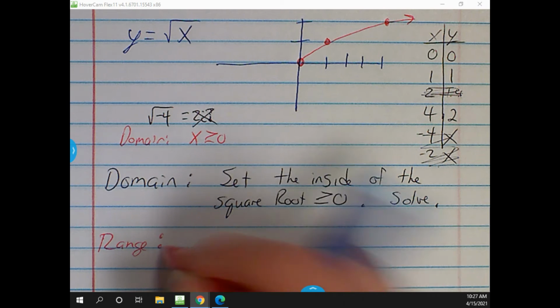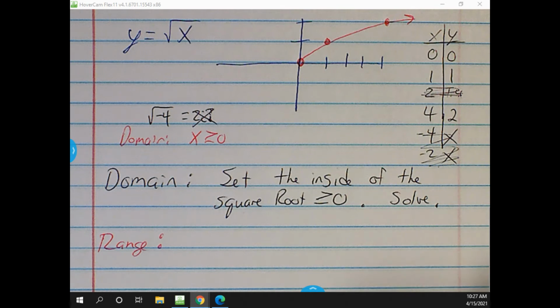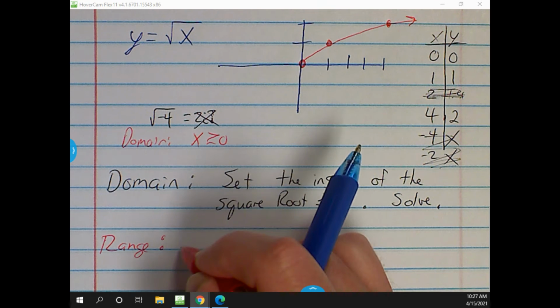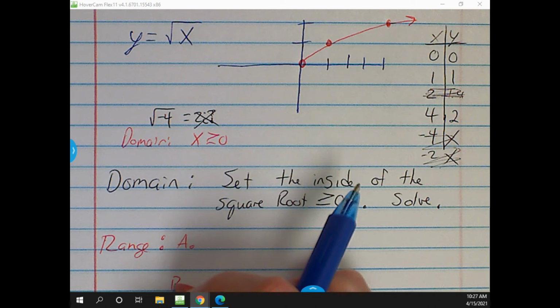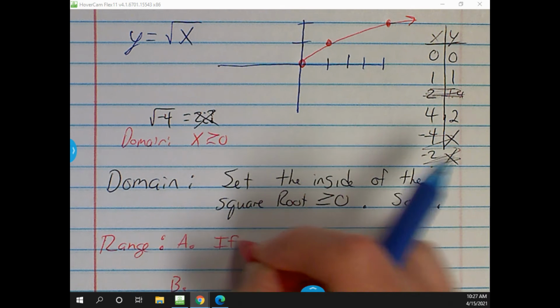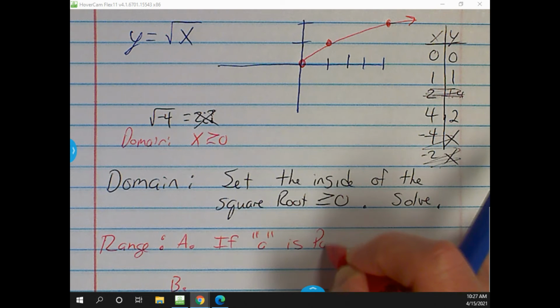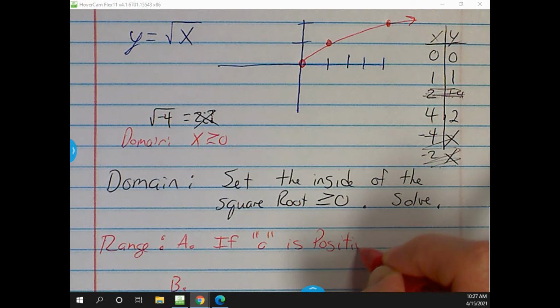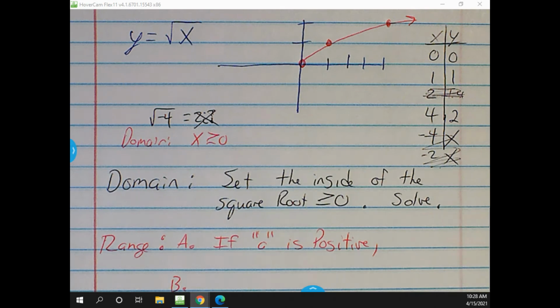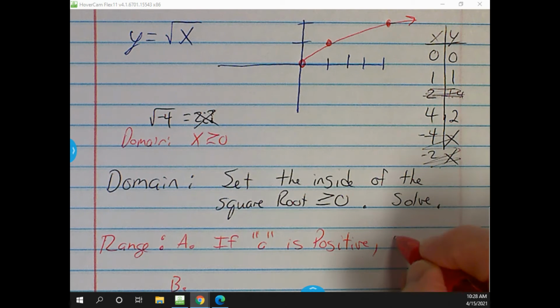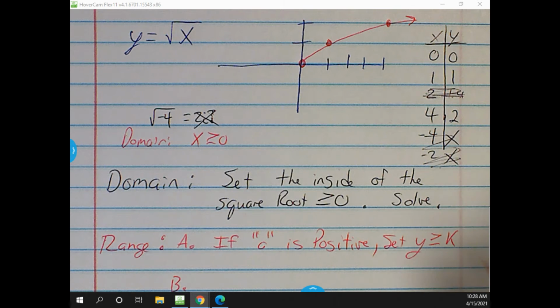All right, if you talk about the range, it's a two-part thing on this one. There's an A and a B here. If A is positive, you set y greater than or equal to k.